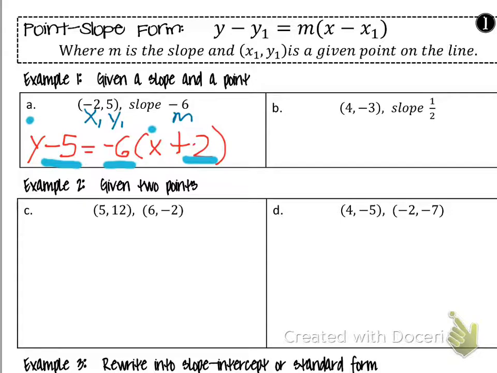This should always stay y. This should always stay x. It shouldn't be any numbers here or here. That should always be y, that should always be x. You're only plugging in numbers for x1, y1, and m.